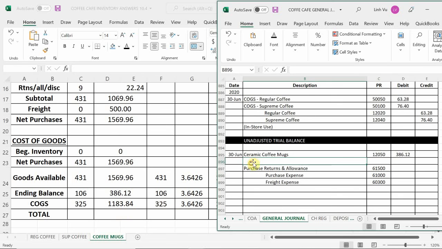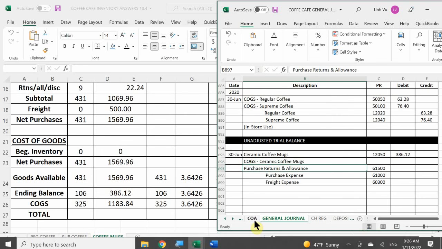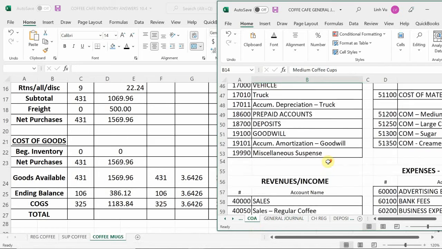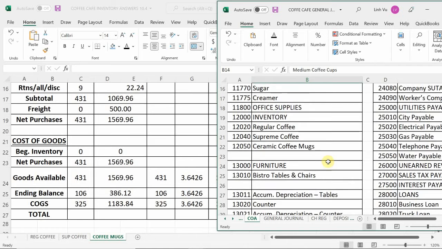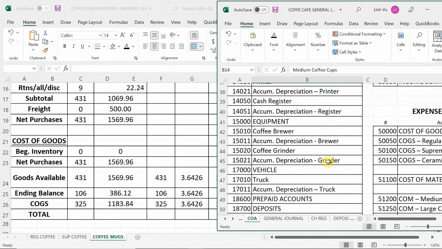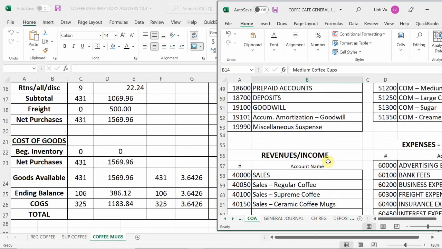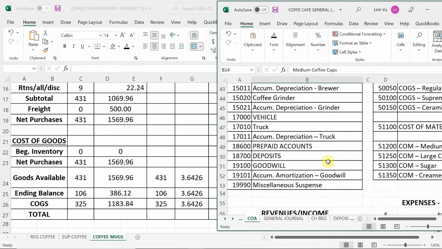There you go. Cost of goods sold is an expense account. $5,000. 150.